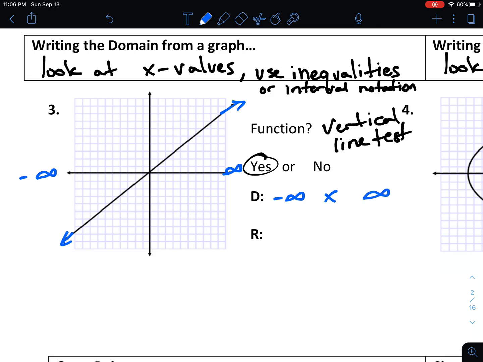So we would say that all of our x values are between negative and positive infinity. And so we would use less than signs to say negative infinity is less than x is less than infinity. Another way that you could write this using interval notation is to use parentheses and say negative infinity, comma, positive infinity, both with parentheses.